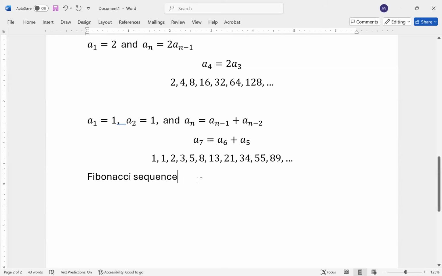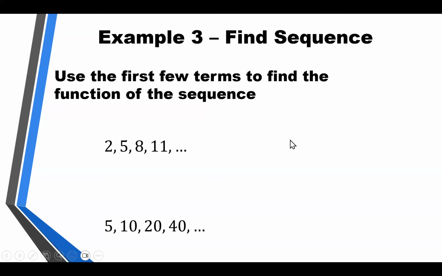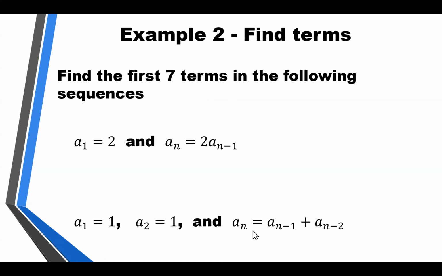All right, and it's a really famous sequence in mathematics. Again, I'm not going to go through why, there are a lot of interesting things to go on about with the Fibonacci sequence, but again, that's what it is here.